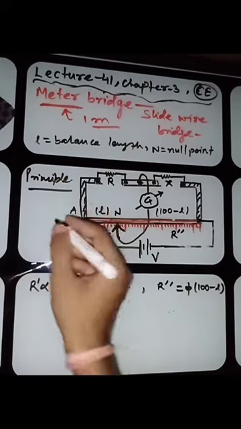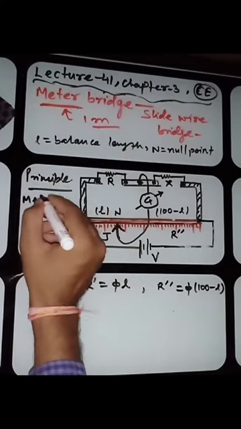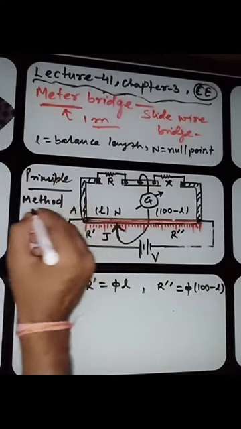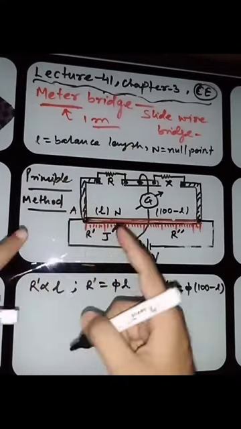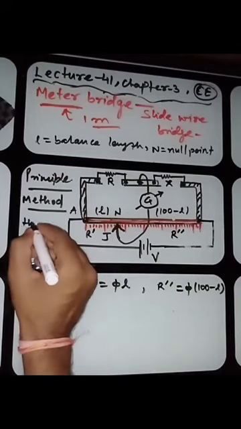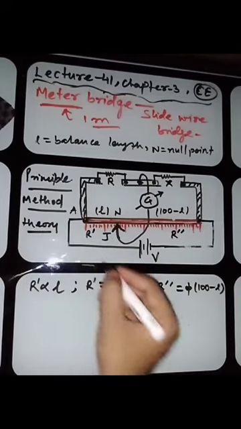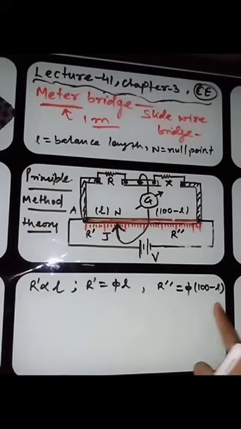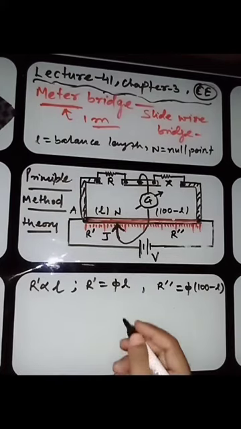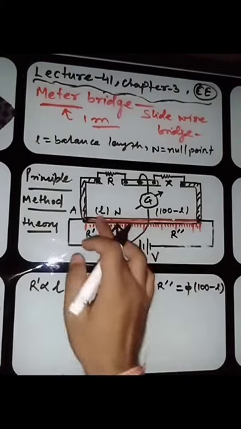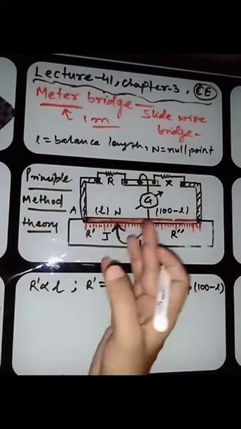Okay, after principle you have to write the method. So write down in method, it works on null deflection method. Okay, and then you have to write the theory of this meter bridge, and you will include this in theory. Okay, now my dear students, this circuit diagram you can arrange in this way also.